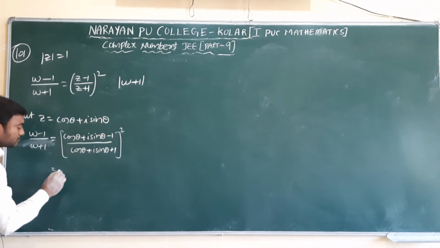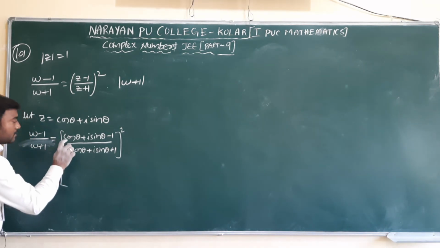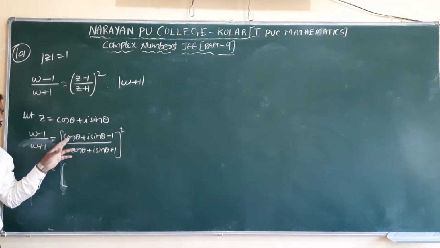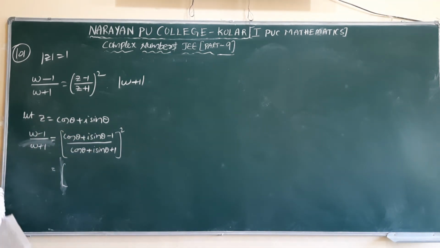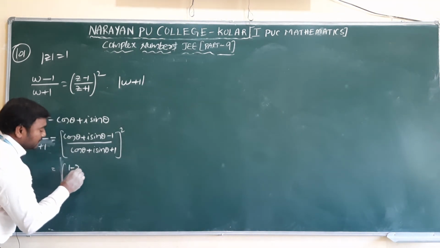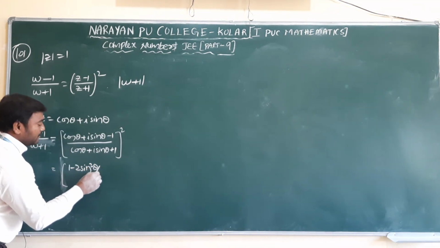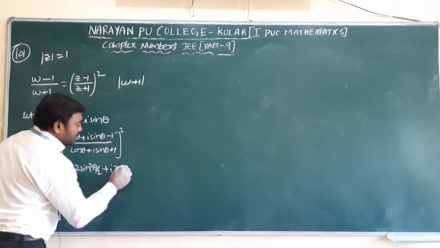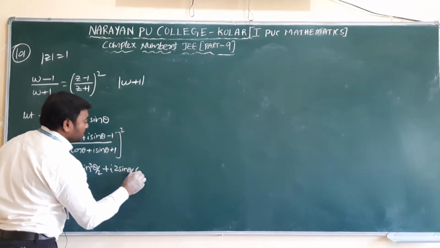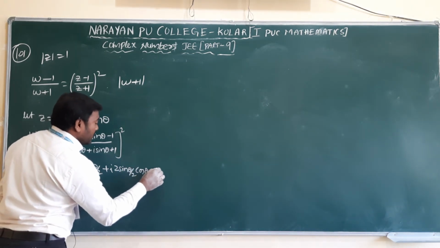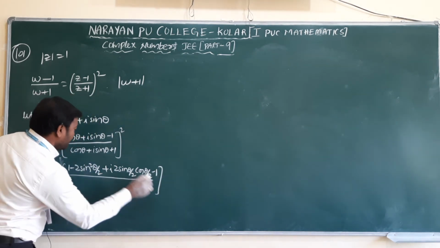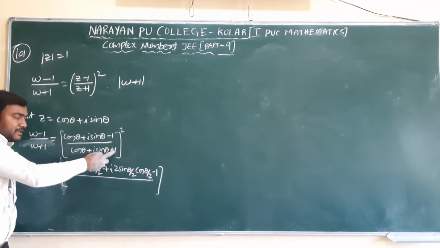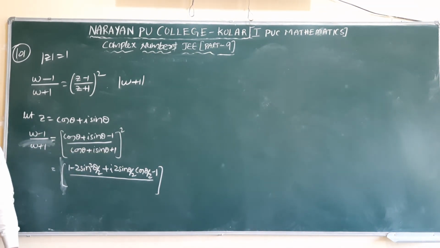Here cos theta can be written as 1 minus 2 sin square theta by 2, so 1 minus 2 sin square theta by 2 plus i into sin theta, whose value is 2 sin theta by 2 cos theta by 2, minus 1, divided by cos theta, which is 2 cos square theta by 2 minus 1, because plus 1 is there.